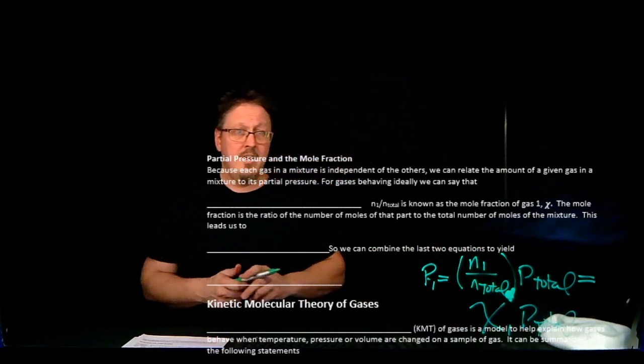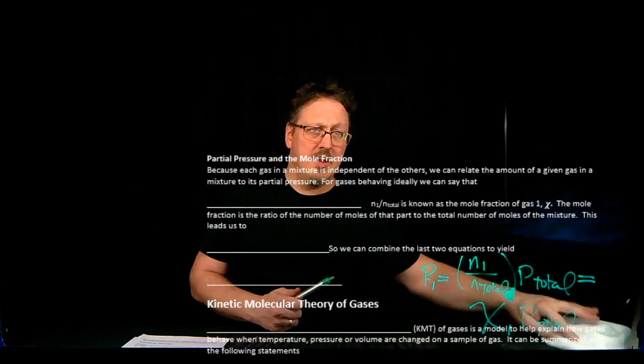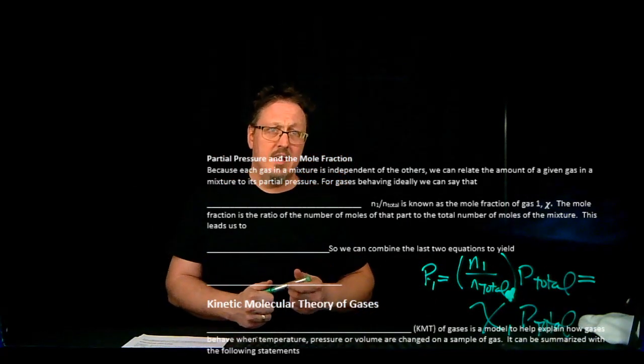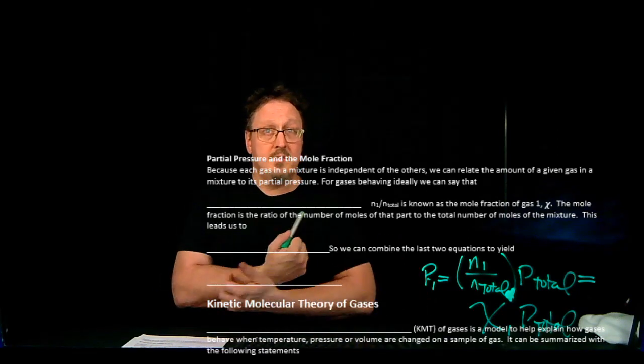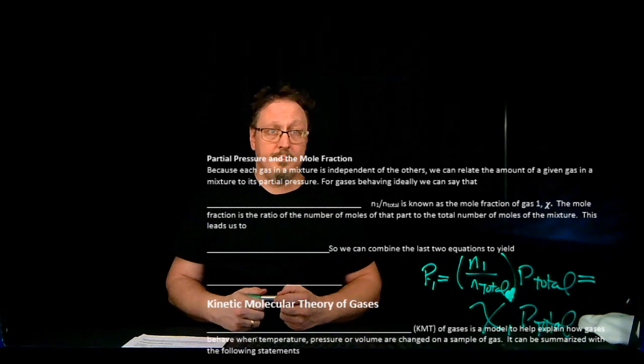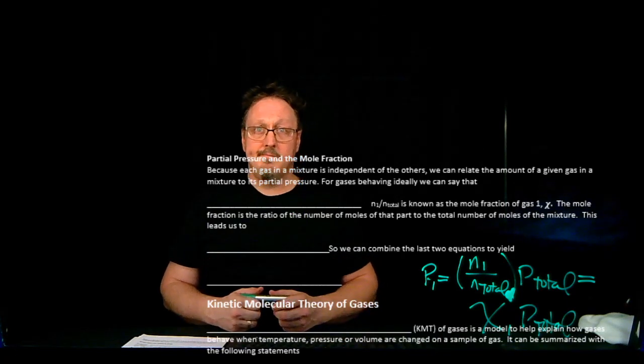Now again, we're not going to use this a whole heck of a lot, but it is something that we're going to see, and I want to make sure that you have seen it and know what it looks like. I don't have any examples built into this one. Sorry. If we need to, we can do some in class. So there we go.